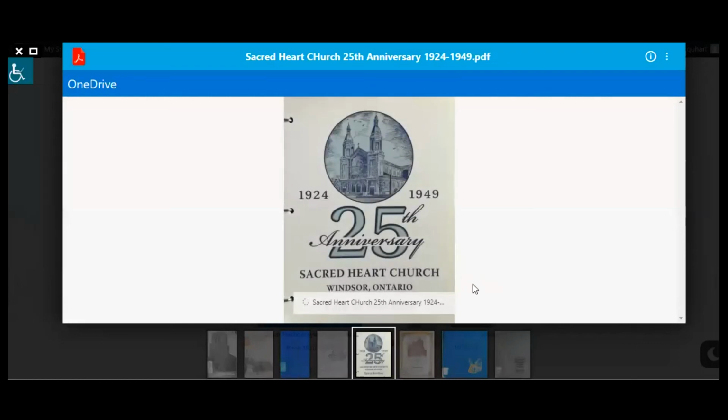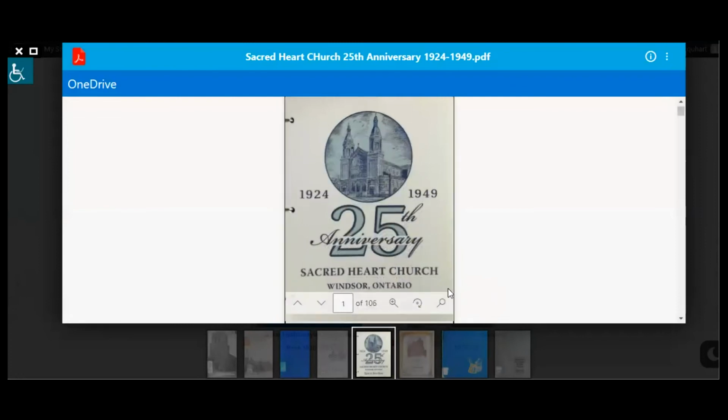Again, I'm going to wait until it completely downloads. You can see the little circle moving, which shows you that it's still downloading. You shouldn't do anything until that's finished. Normally it doesn't take this long. I must have too many other things going on.